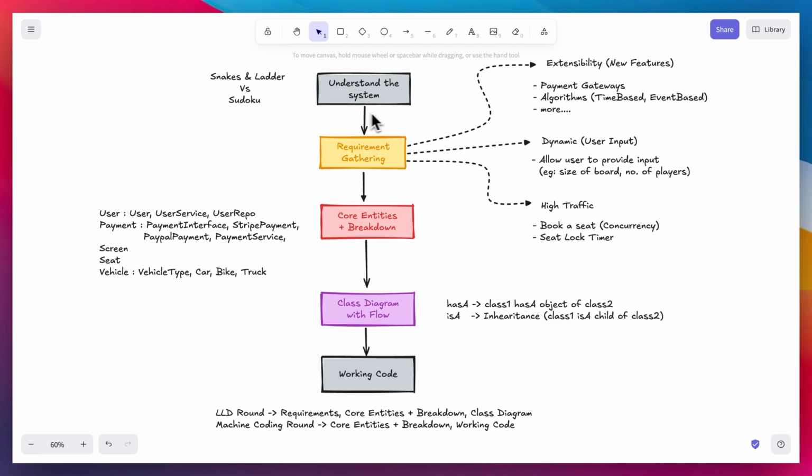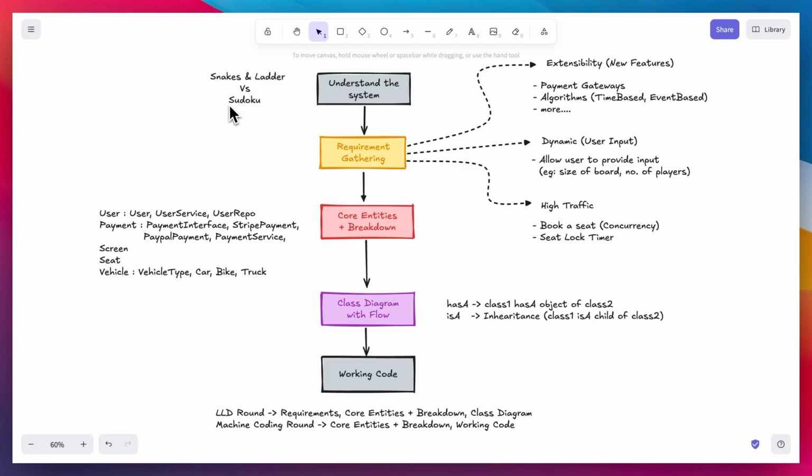The first step is understand the system. And I believe this is one of the important steps because let's assume that I ask you to design snakes and ladder and I also ask you to design Sudoku. Then the chances are high that you'd be able to design snakes and ladder because you have definitely played it in your life.